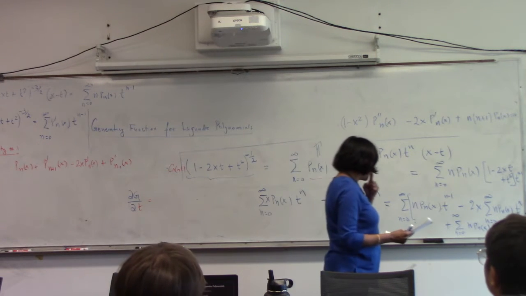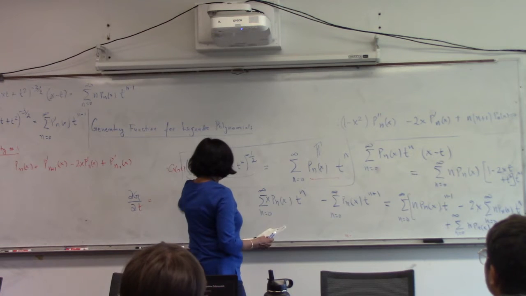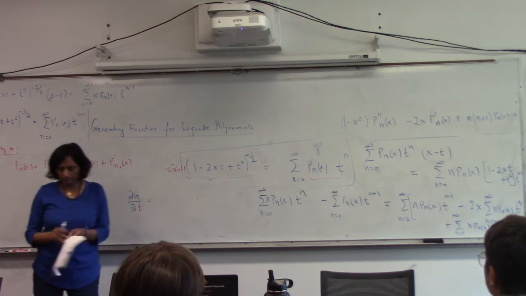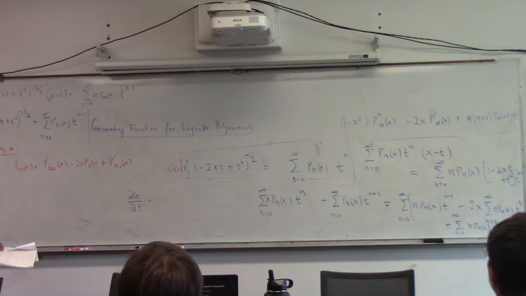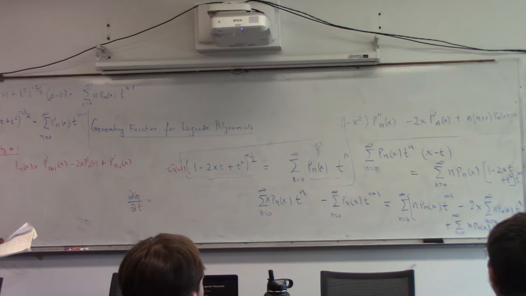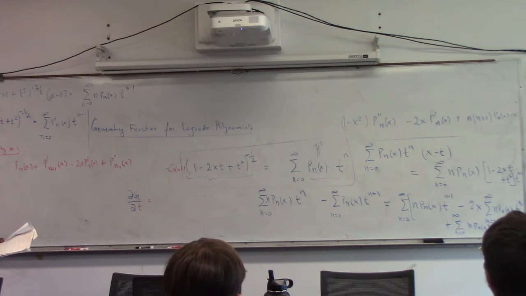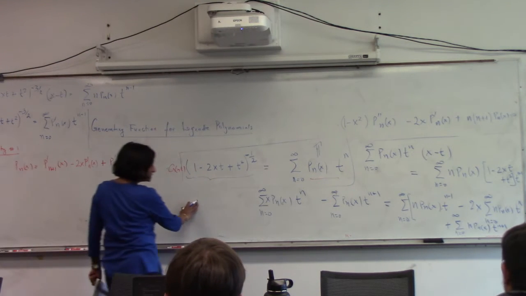So what relationship can I get? What identity can I get? This is partial g with respect to t, right?